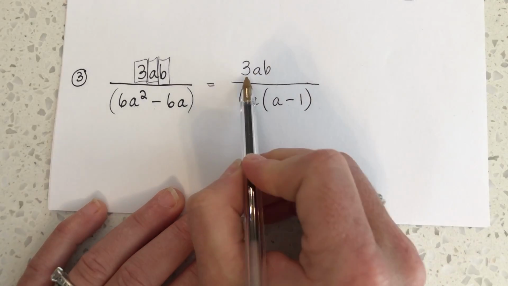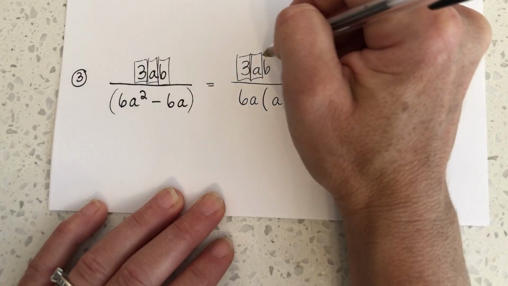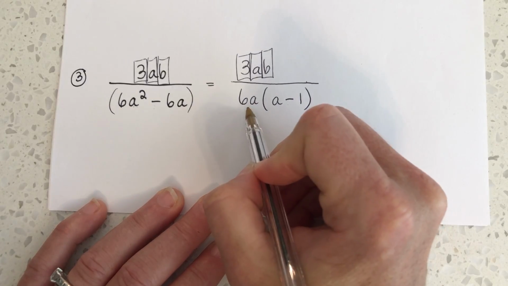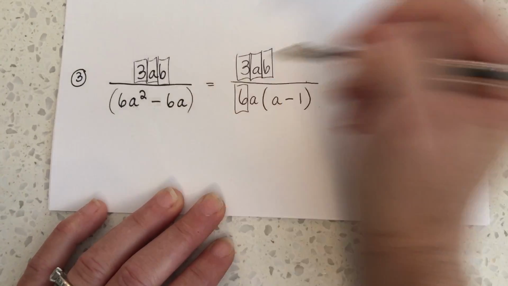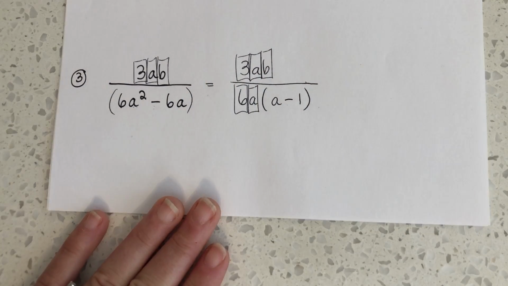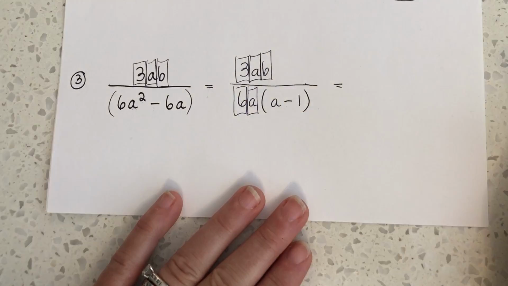But that leaves us with attached by multiplication, so an individual 3, an individual A, and an individual factor of B. 6 and A are attached by multiplication, and they're attached to the next piece by multiplication. So 6 is fair game to reduce, and A is fair game to reduce. They are individual factors. So let's do our numbers first. 3 over 6, well, 3 goes into both.